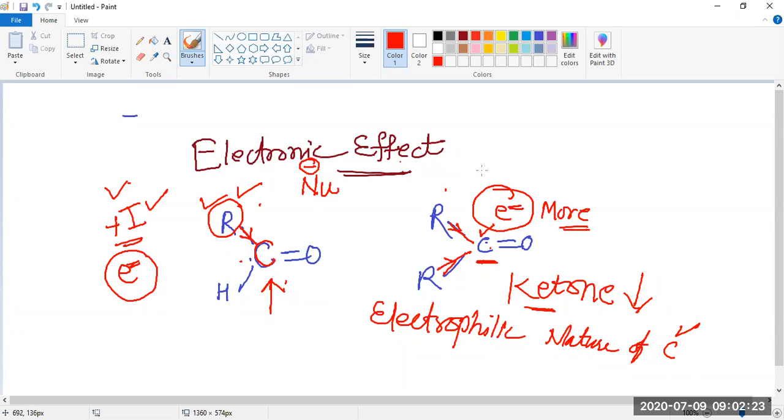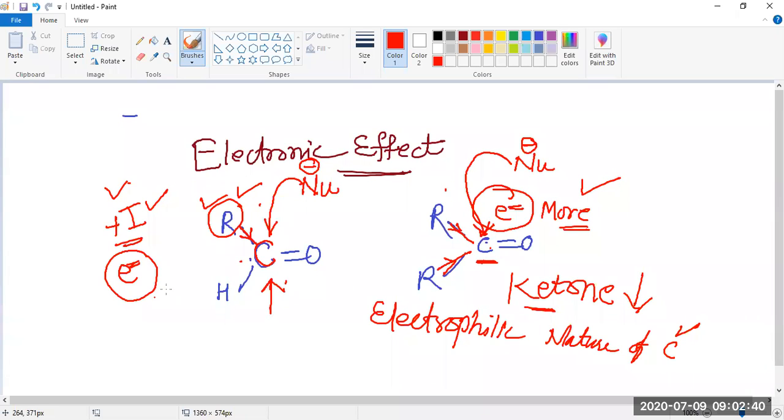Here I am writing the nucleophile. So nucleophilic attack will be easier in case of aldehyde, and nucleophilic attack will be more difficult in case of ketone.